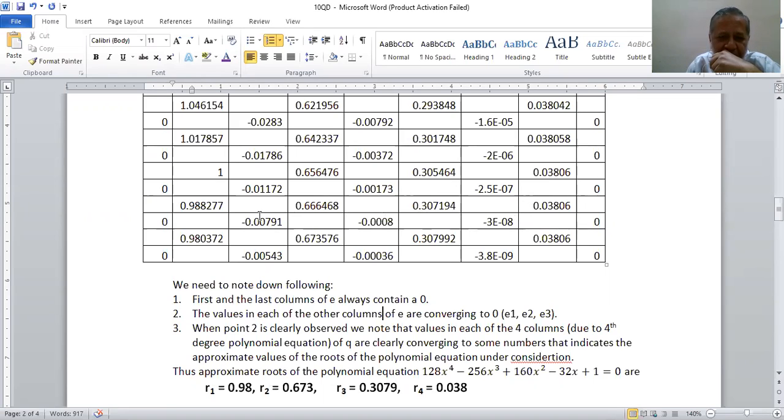So all the columns of Q will converge in case all the columns of E converge to 0. Now, what are the columns of Q converging to? They are clearly converging to some number that indicates the approximate values of roots of the polynomial equation under consideration.